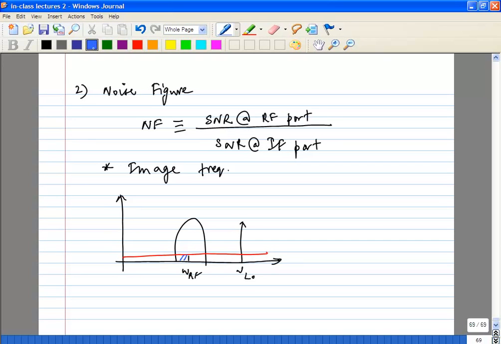So you have noise already coming in, some SNR coming in. Let me draw it a little bit better. So this is your image frequency.